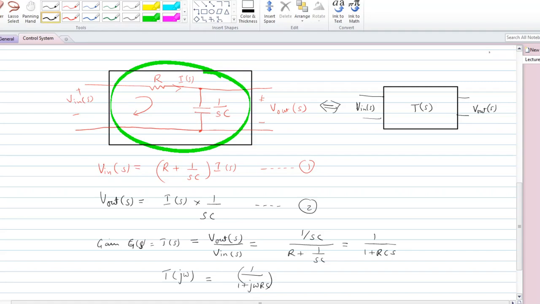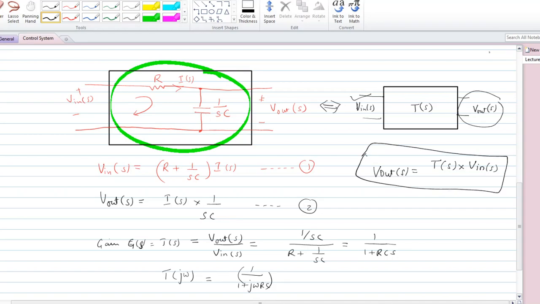So in this case you can say that this output is actually controlled by the input V in this way, in such a manner that V out(s) is equals to T(s) into V in(s). Okay, so this is an example for a control system.